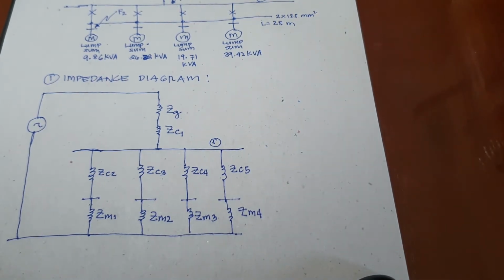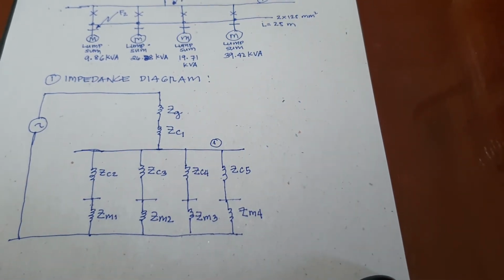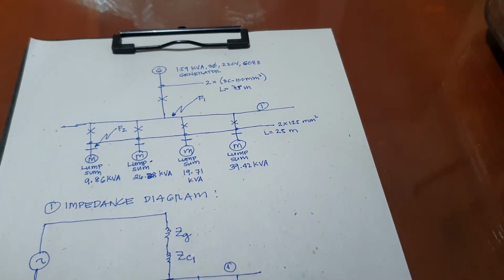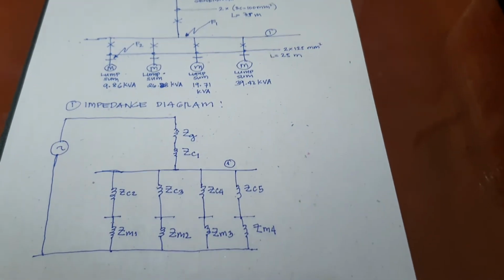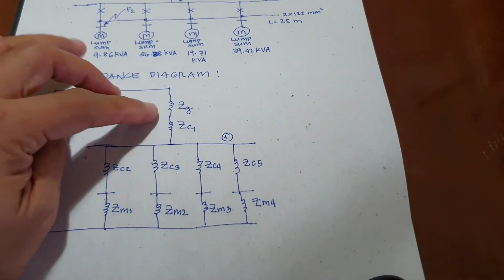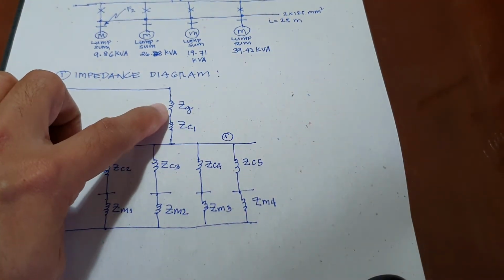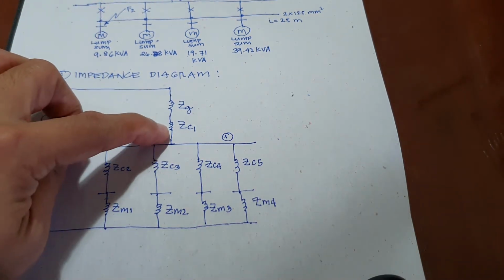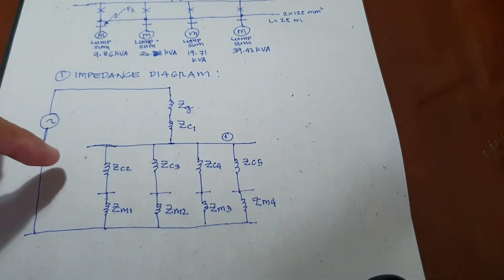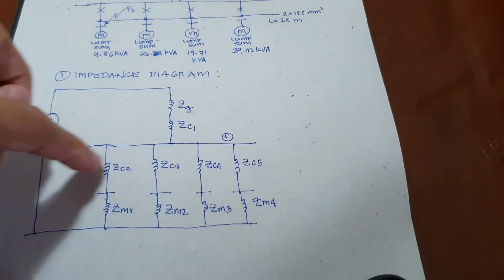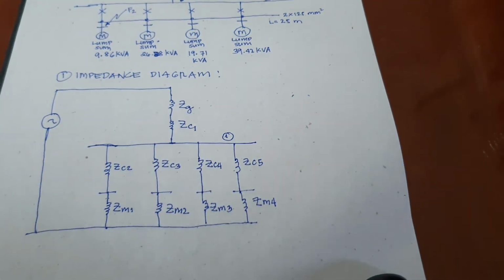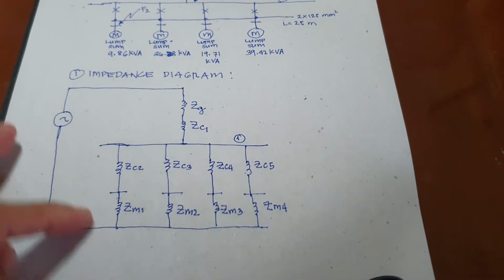So we now have the impedance diagram of this sample power system. We have G, or the impedance of the generator, the impedance of the main feeder, the impedances of the sub feeders, and also the impedances of each lump sum motor.